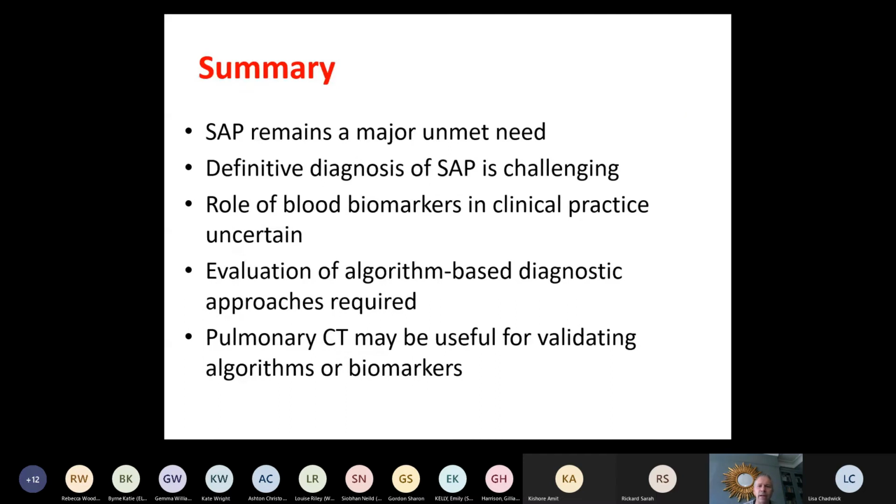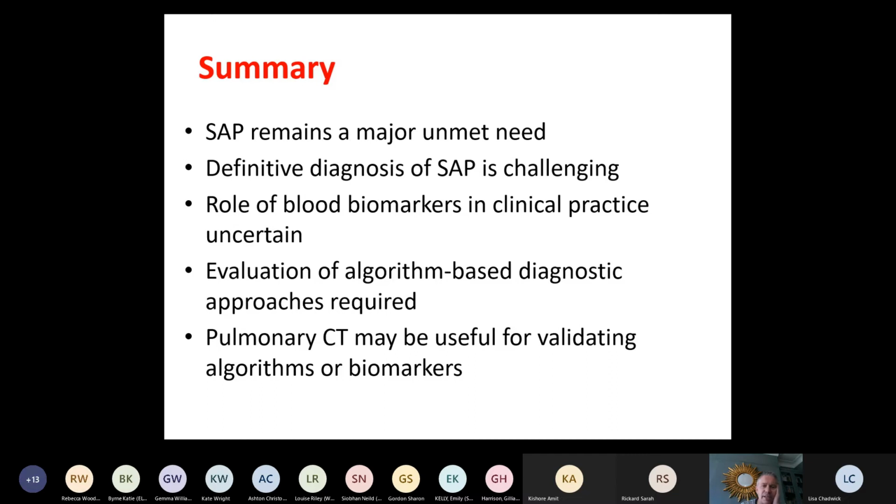So in summary, SAP remains a major unmet need. It's a real problem in stroke unit care in terms of adverse outcomes, length of stay and healthcare costs. Diagnosing SAP definitively and using methods to try and appropriately get antibiotics initiated is very challenging. We don't know what the role of blood biomarkers is, either ones used routinely in clinical practice or more evolving ones.